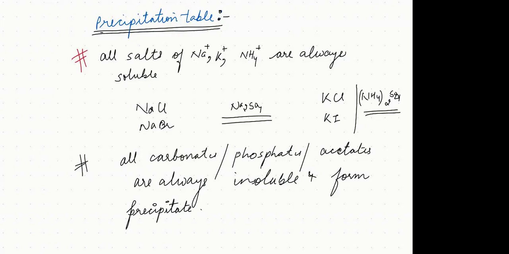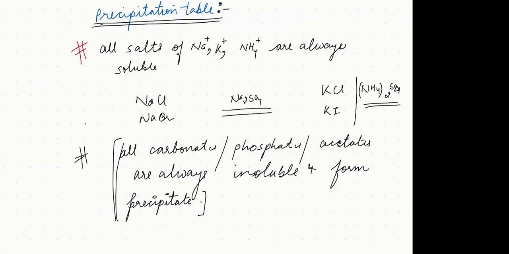Now even hydroxides also form precipitates. But if you talk about NaOH, then it is not going to form the precipitate because Na, K, and ammonium are three cations whose salt you're never going to form as a precipitate. Did you understand? Yes, ma'am.